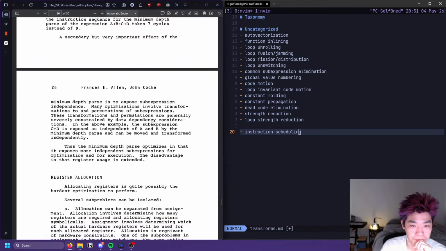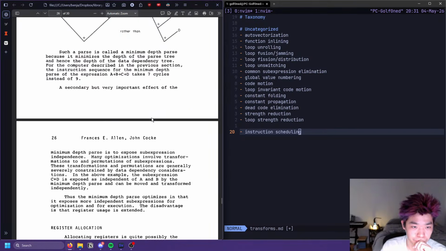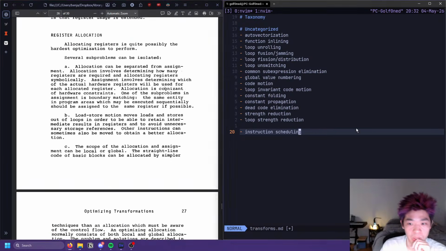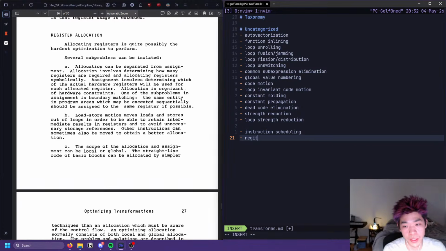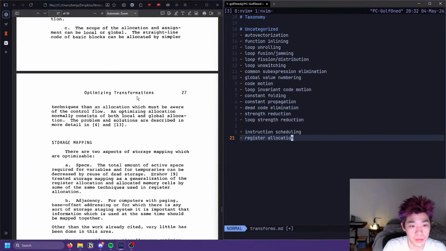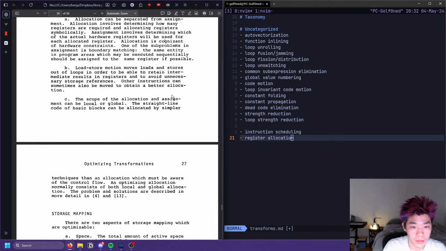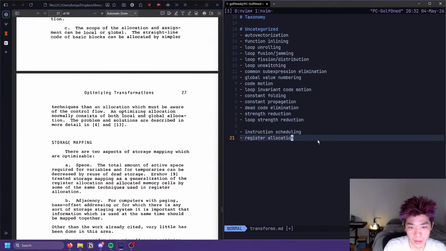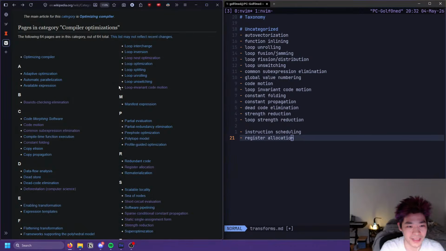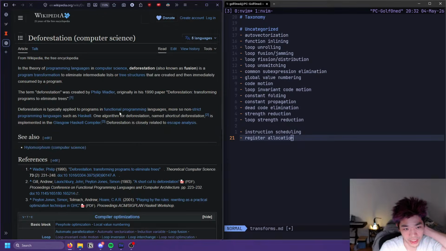Okay, let's do register allocation. Store. Okay, we're getting to the point where these are less optimization-y.